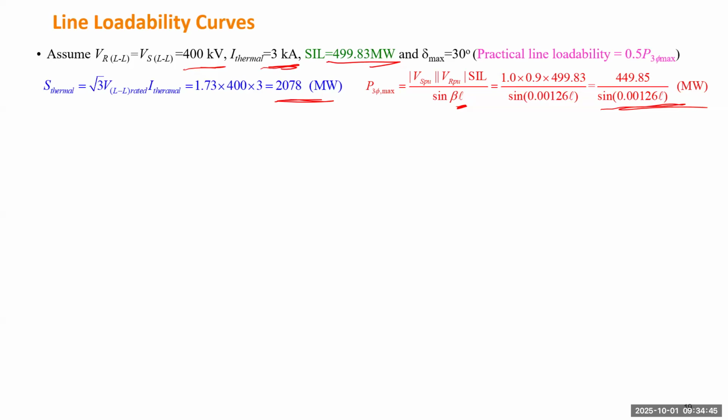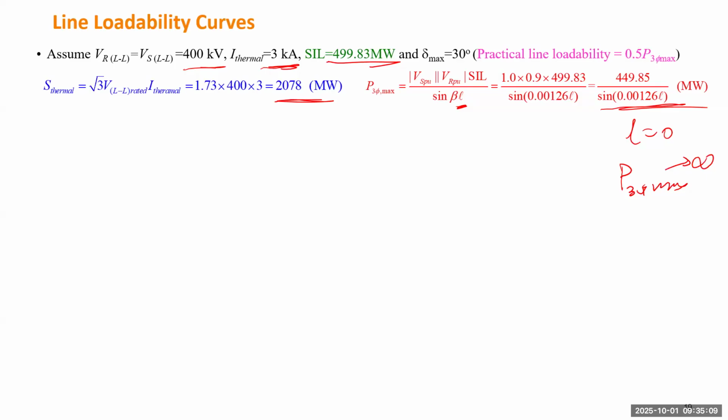When L is 0, the line is very short, and the theoretical limit can go to infinite, right? If L is 0, the denominator becomes 0, so the P max can go to infinite.